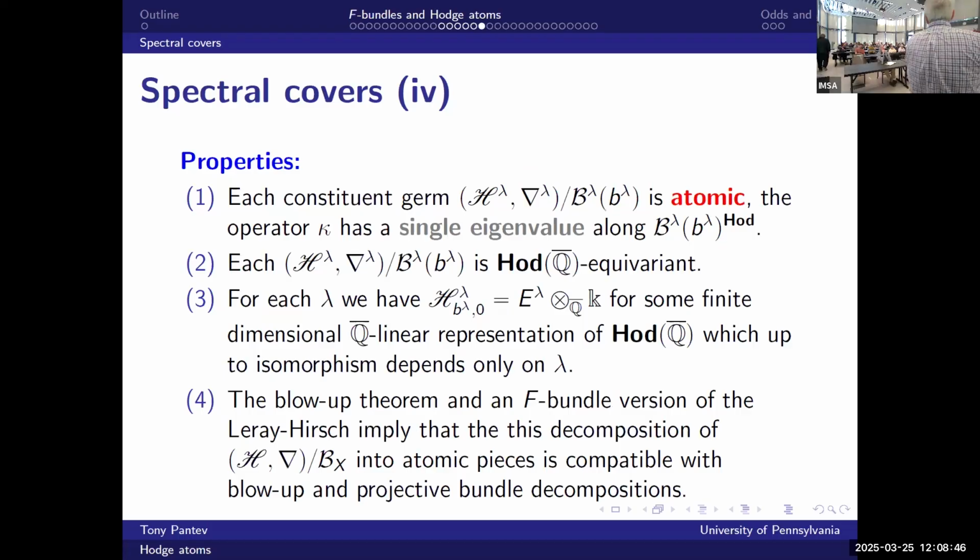Each of the summands is atomic, meaning that the operator kappa has a single eigenvalue. That summand has its own operator kappa, and that operator kappa has a single eigenvalue. Each summand is equivariant with respect to the action of the Mumford-Tate group, and that's great because now you can look at the action of the Mumford-Tate group on the fiber at the close point in the germ.